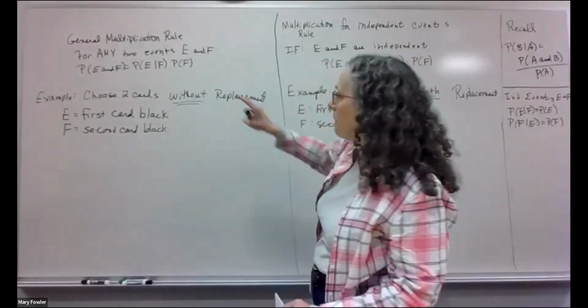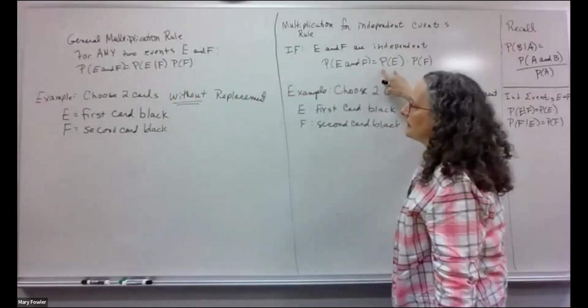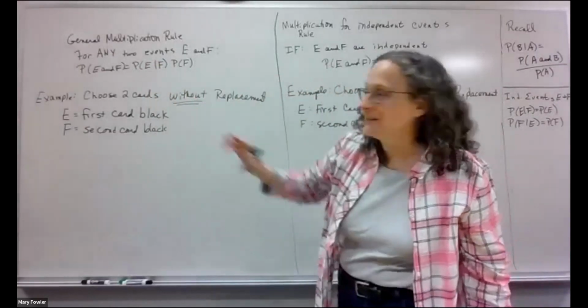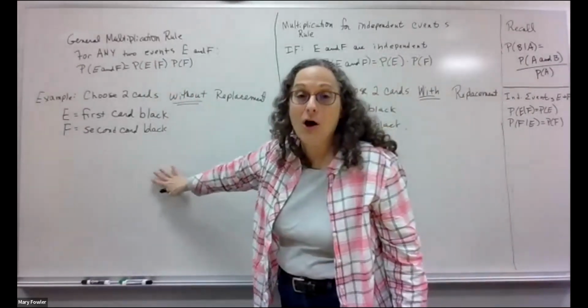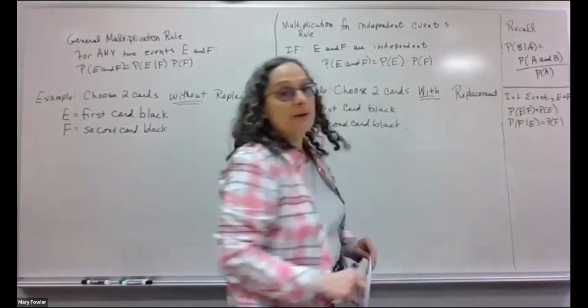So if I knew E and F were independent, then E given F is the same as P of E. And that's why this one is for general events, and this one is the multiplication rule for independent events.